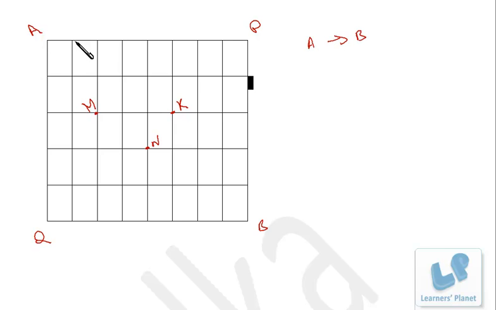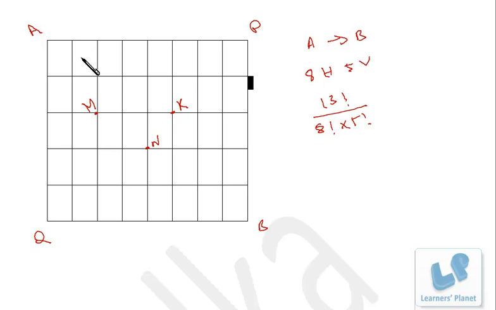Now 1, 2, 3, 4, 5, 6, 7, 8, 8 horizontal steps. 1, 2, 3, 4, 5 vertical steps. 8 horizontal, 5 vertical. So in all 13 steps, 13 factorial, divide by 8 factorial, divide by 5 factorial. So these are the total number of possible ways to reach B from A. That is the shortest possible ways. This is a simple question.